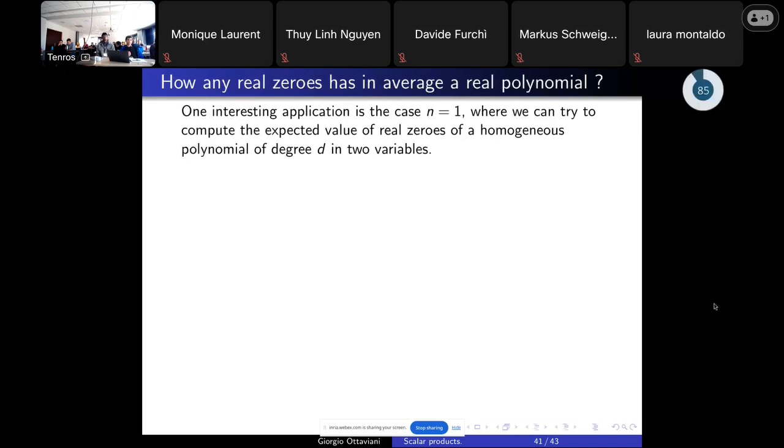And what's the basic question about probability if you want to study real polynomials? How many real roots do you have, no?